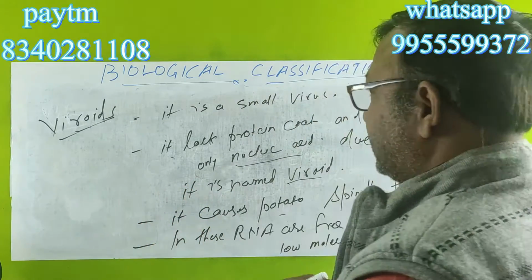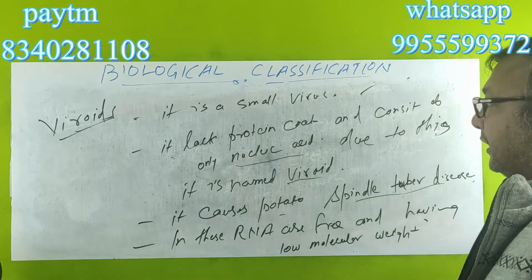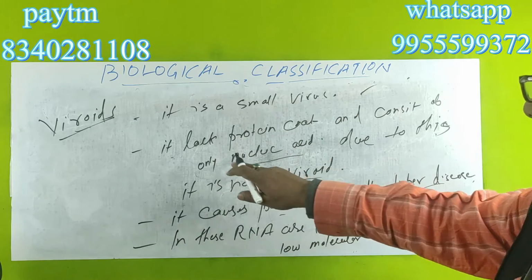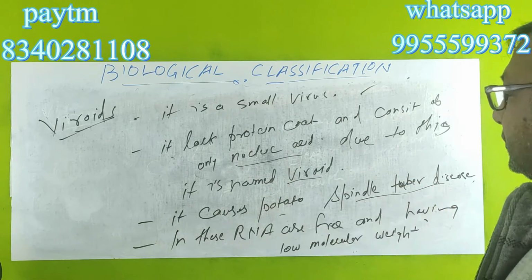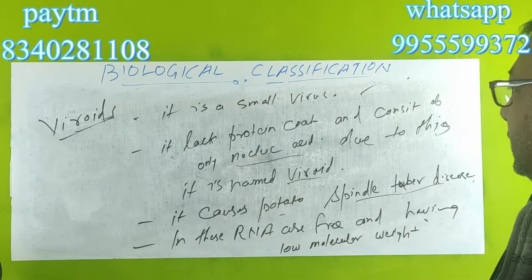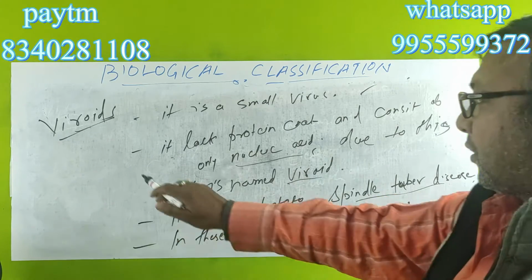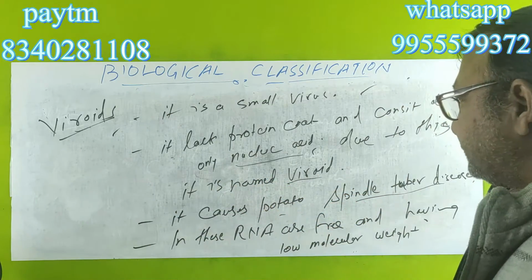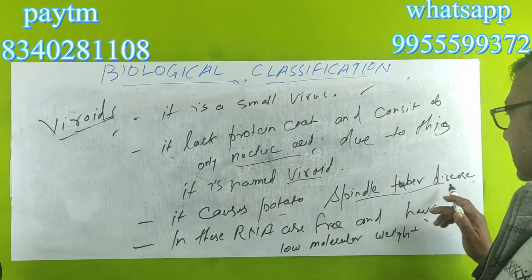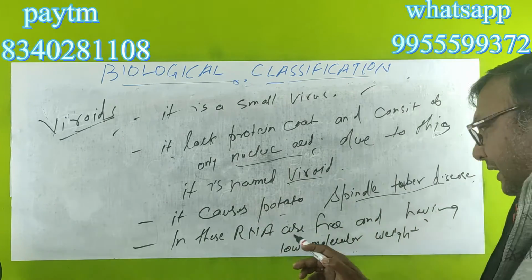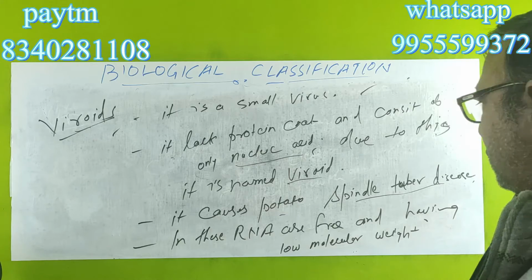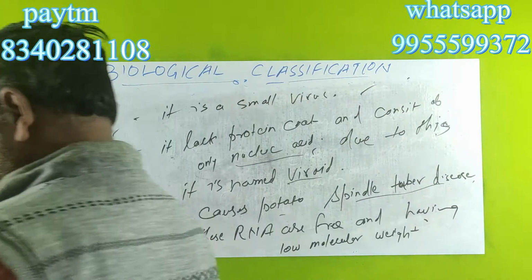So about viroids: it is a small virus that lacks a protein coat and consists of only nucleic acid, due to which it is called a viroid. It causes potato spindle tuber disease. In this, RNA is free and has low molecular weight.